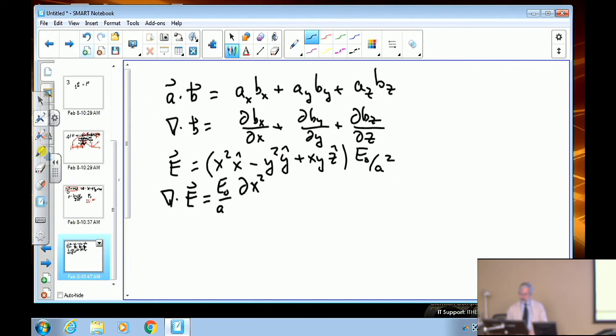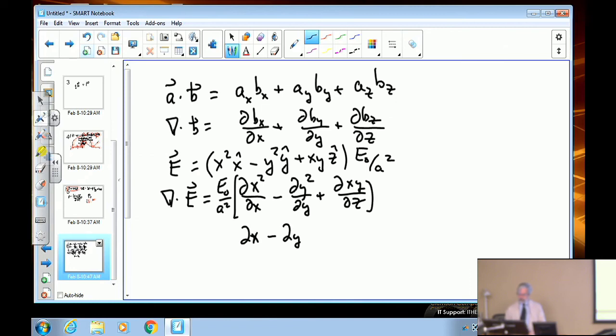That's a constant, so I'm going to pull it out here. So you have the derivative of the x component with respect to x, the derivative of the y component with respect to y, and the derivative of the z component with respect to z. So this is where we get the 2x minus 2y, and this is 0, because x and y don't depend on z, and no direction left. Okay?